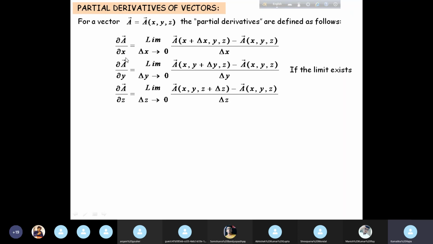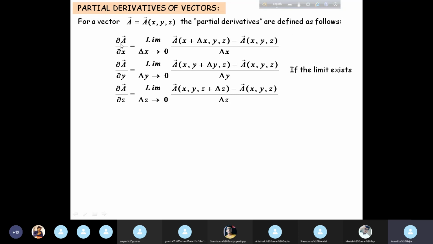So del A del x is equal to the limit as delta x tends to 0 of A of (x plus delta x, y, z) minus A of (x, y, z), divided by delta x. So what are we doing? We are taking the derivative with respect to x and keeping y and z constant.